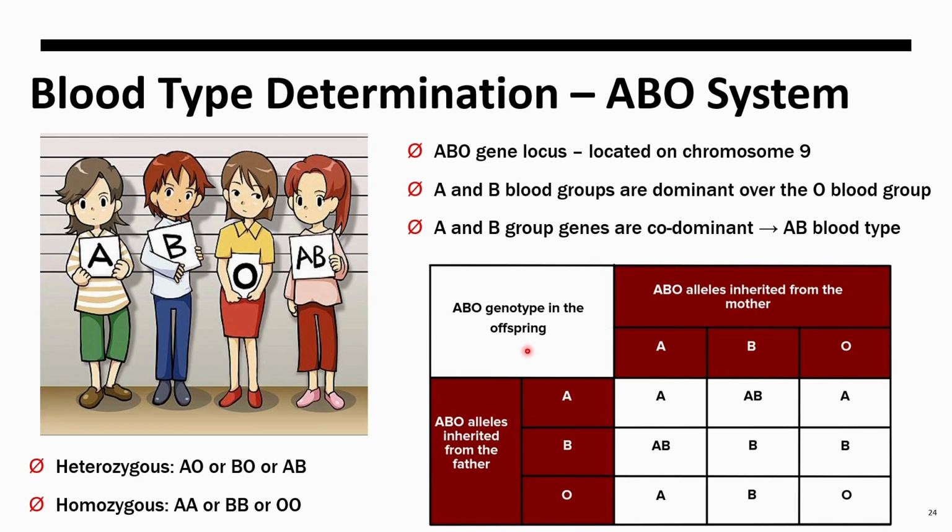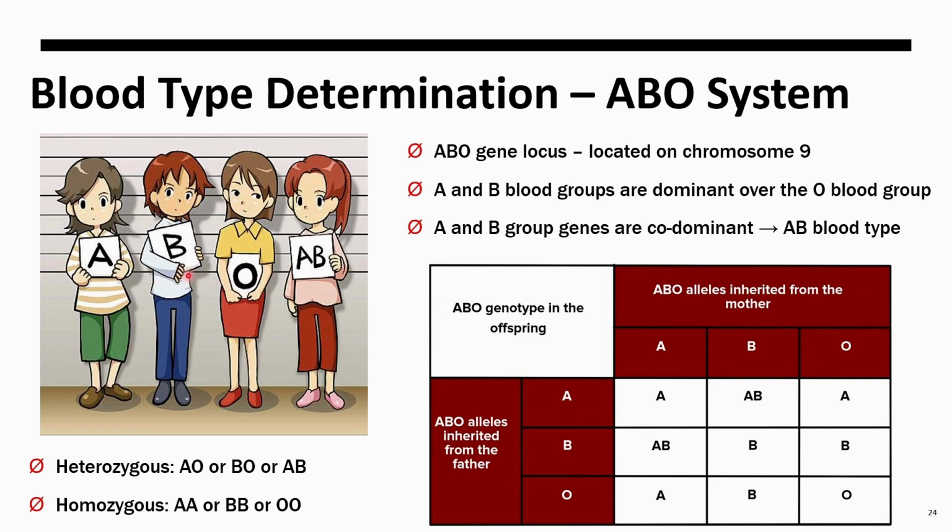These blood types are usually determined by a gene in your chromosome 9. A and B blood types are dominant, stronger. O blood type is recessive.